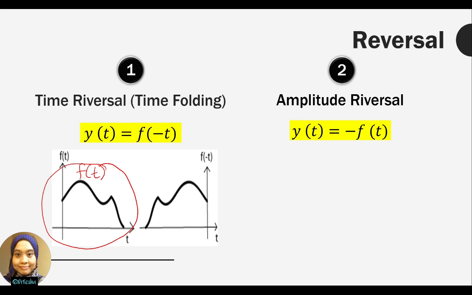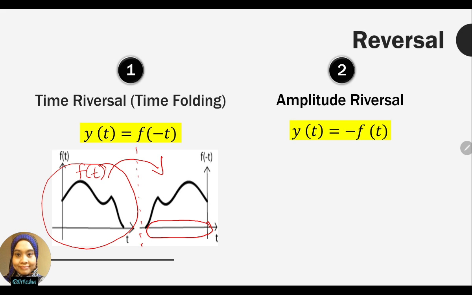What we can do is mirror it based on the time. When we want to reverse, it is done on the y-axis, meaning that when you flip or fold this into a new function, it is based on the y-axis, so that it will affect the time here.